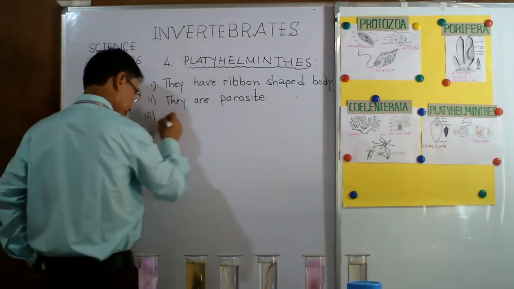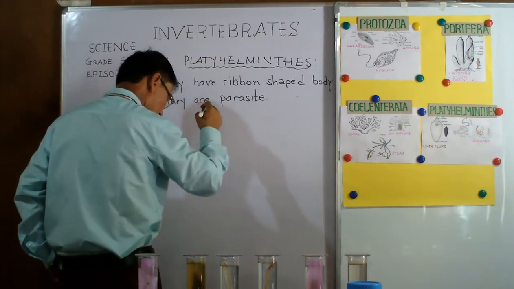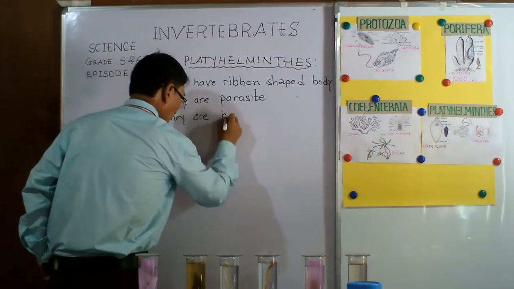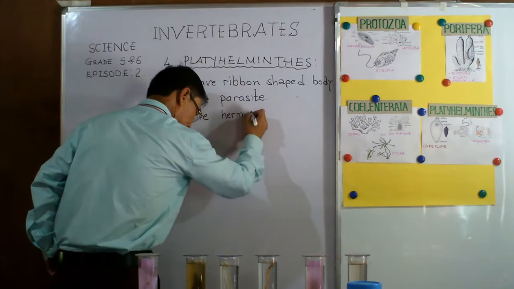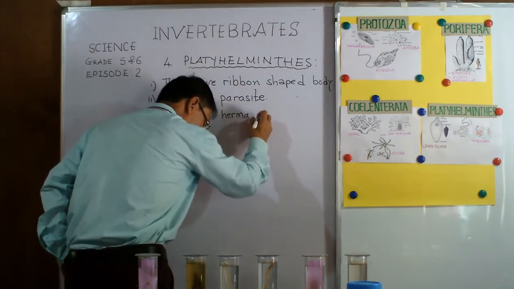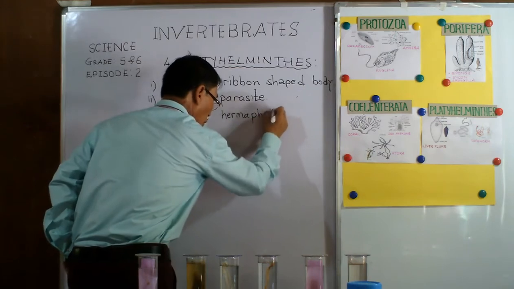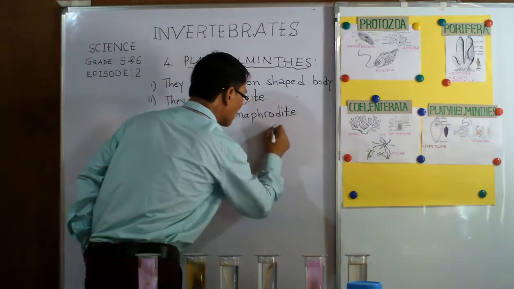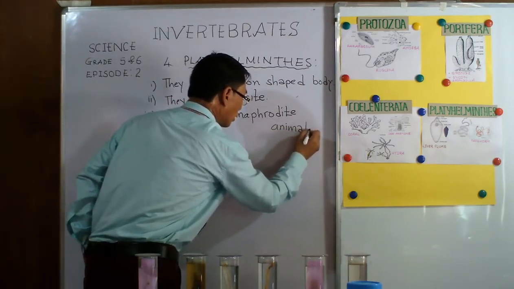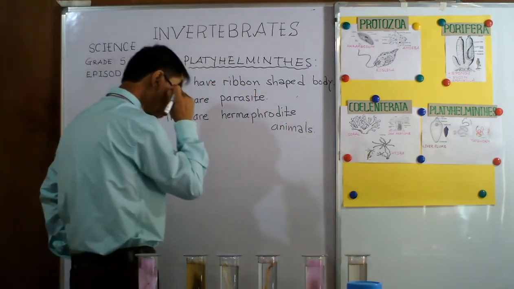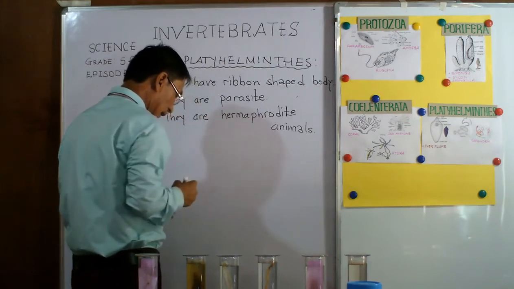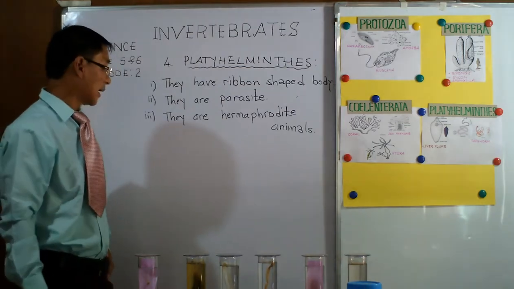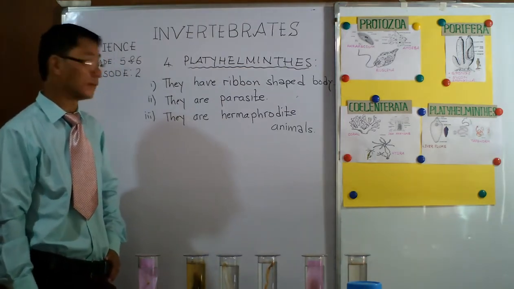Next, number 3, they are hermaphrodite. They are hermaphrodite animals. I'll explain later on what exactly is the meaning of hermaphrodite. Now, these are some of the important characteristics of Platyhelminthes, and let's discuss one by one.